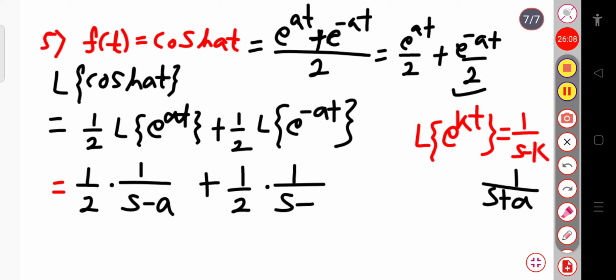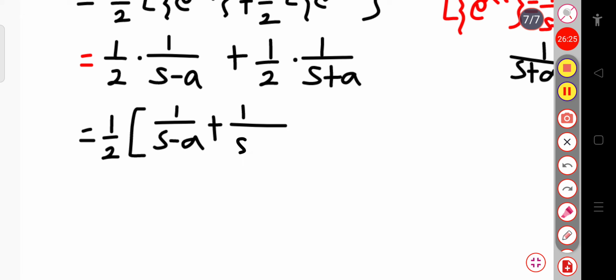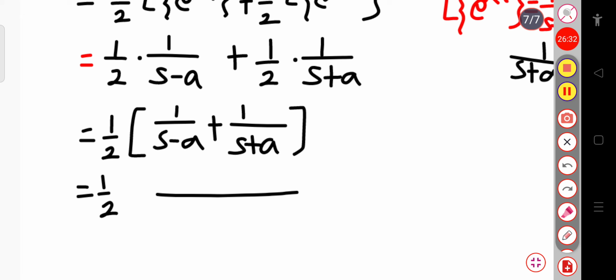Now simply we have to solve this. If I take common 1 by 2, this will be 1 by s minus a plus 1 by s plus a. Then taking the LCM, this will be 1 by 2 of s minus a into s plus a, that is in the form of a minus b into a plus b, which is a square minus b square. So this will be s square minus a square.